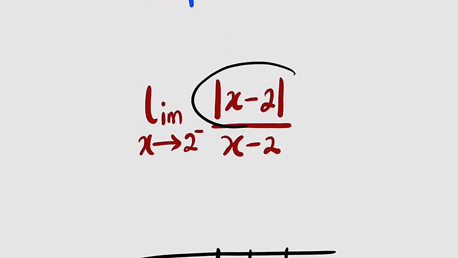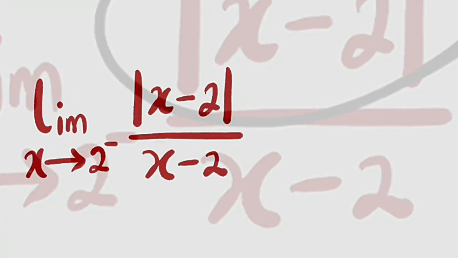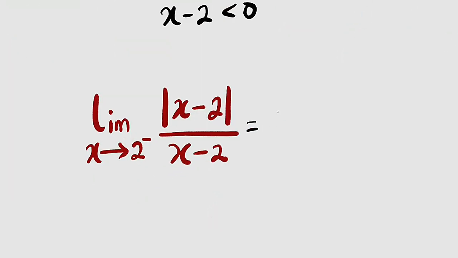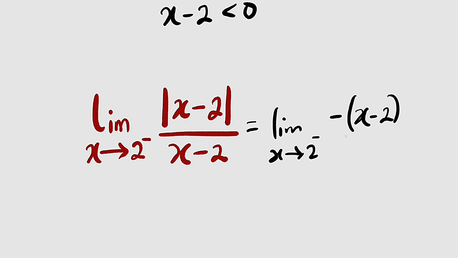Therefore, we are going to consider this one as negative. So I can rewrite this as the limit as x approaches 2 from the left of negative x minus 2, because we have seen it is negative, divided by x minus 2. And x minus 2 will cancel x minus 2. We have only negative 1 left.